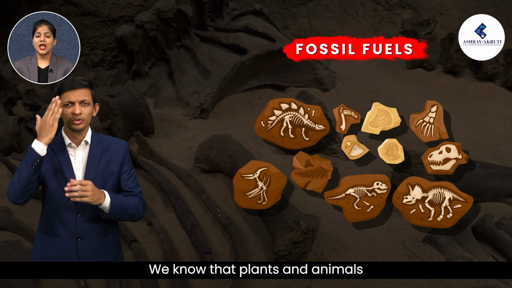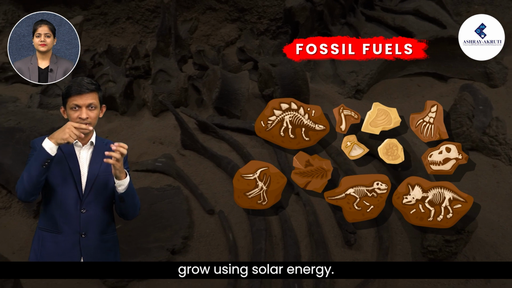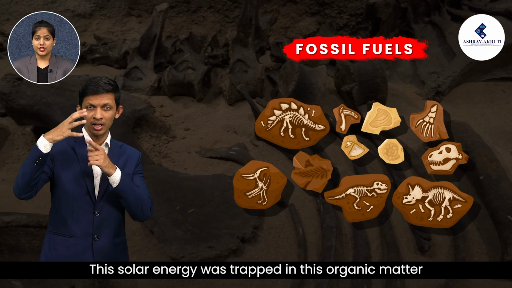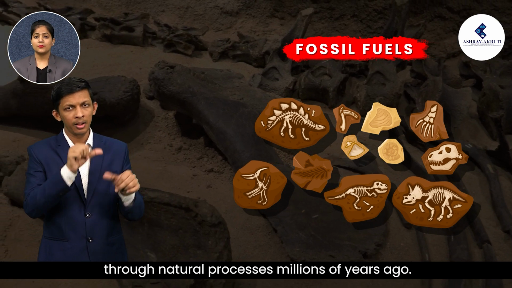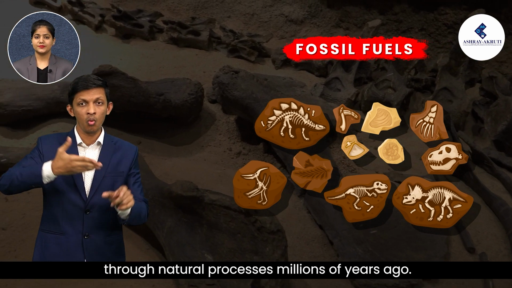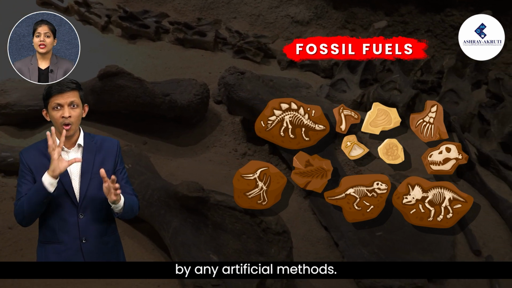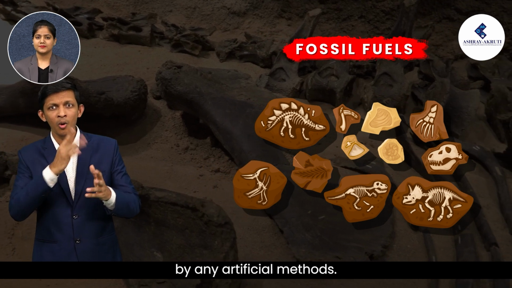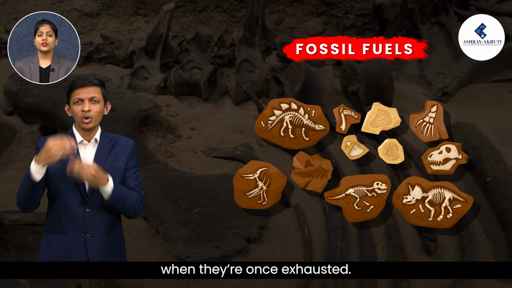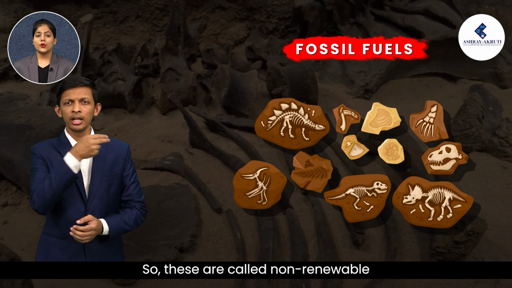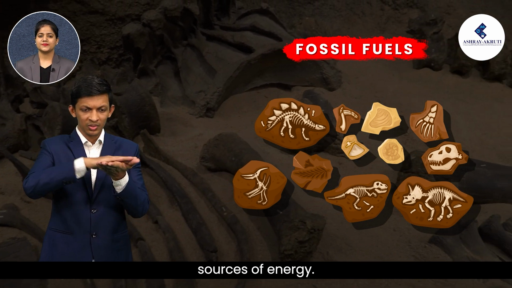We know that plants and animals grow using solar energy. This solar energy was trapped in this organic matter through natural processes millions of years ago. These fossil fuels cannot be reproduced by any artificial methods. They cannot be quickly replaced when they are once exhausted. So, these are called non-renewable sources of energy.